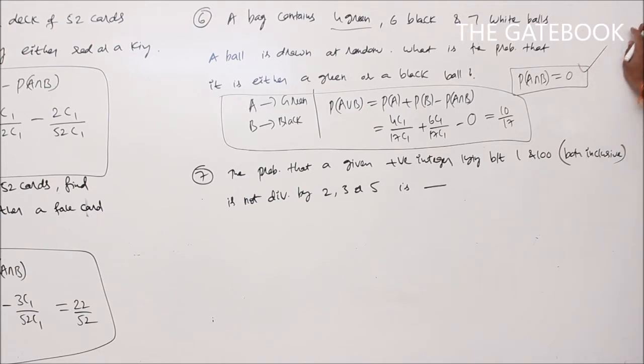Now come to the seventh question. The probability that a given positive integer lying between 1 and 100 is not divisible by 2 or 3 or 5.